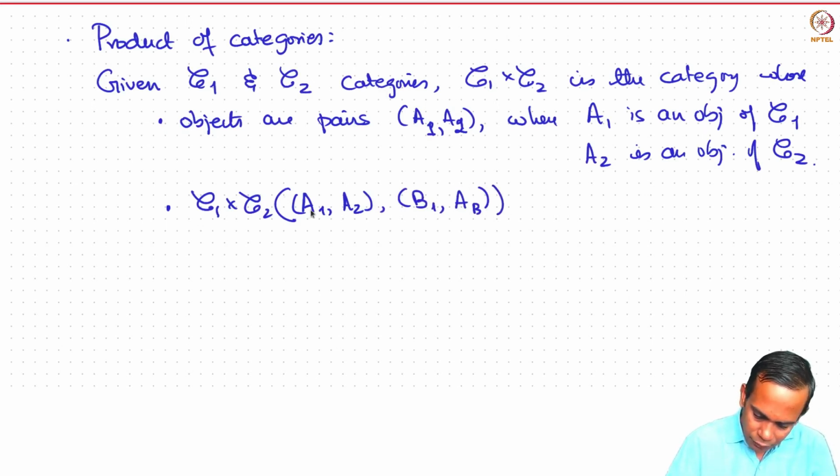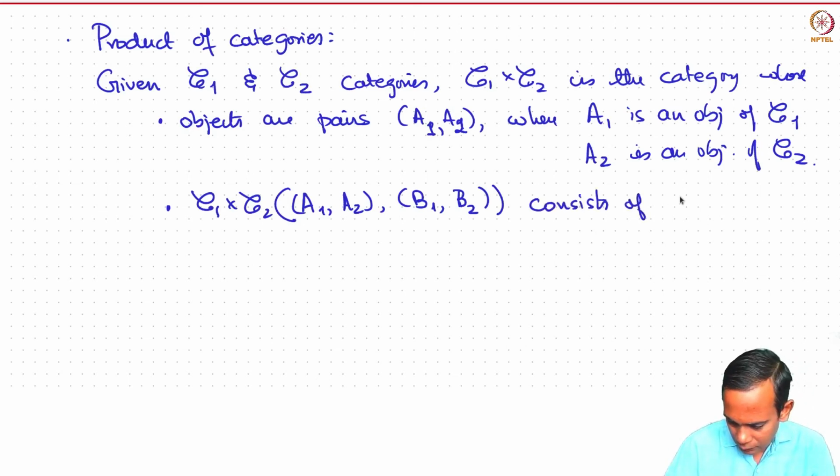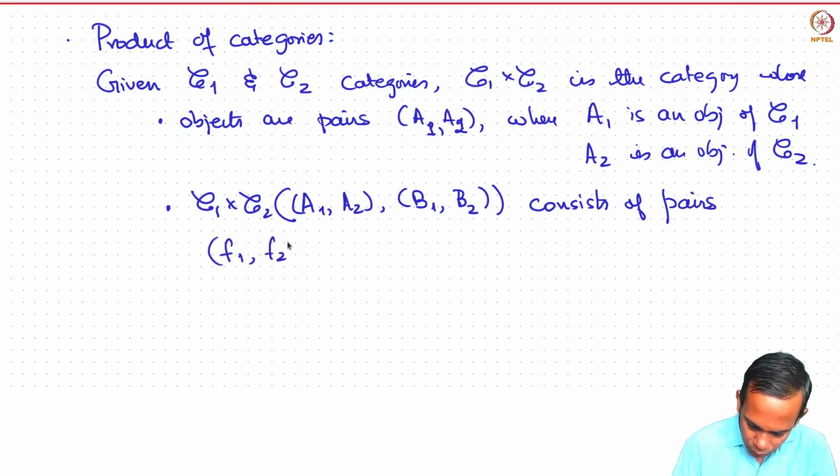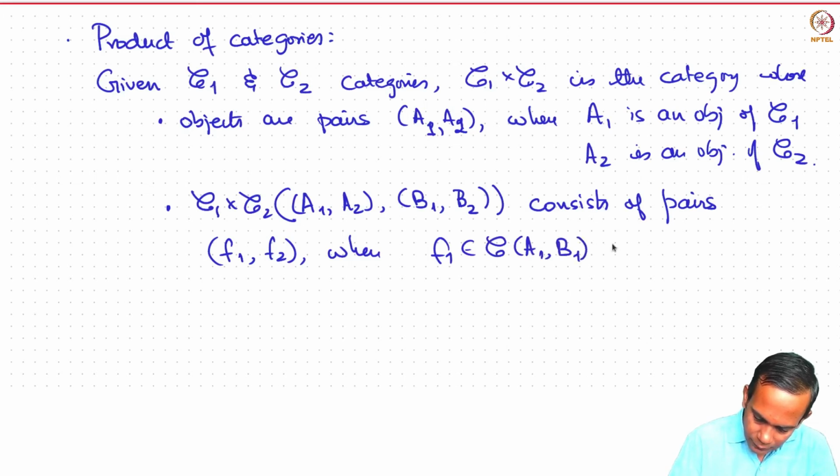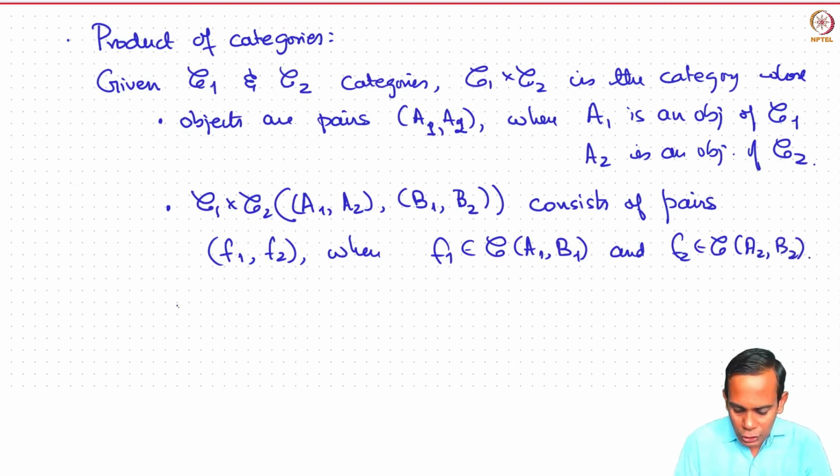Then a morphism from A1, A2 to B1, B2 consists of pairs F1, F2, where F1 is an arrow from A1 to B1 and F2 is an arrow from A2 to B2.